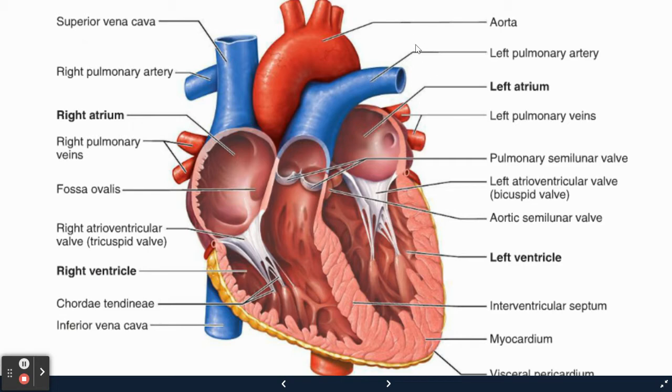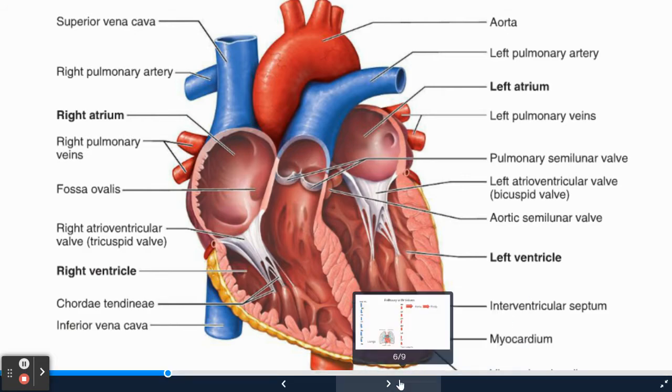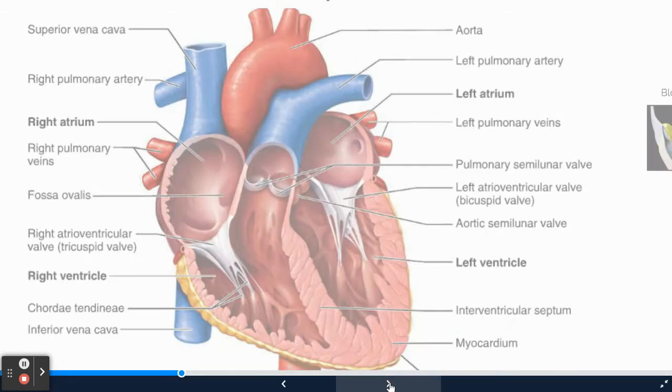Goes to your lungs, comes back to your heart, to your left atrium, through your bicuspid valve into your left thick ventricle, which then squeezes blood out through your aortic valve up through your aorta. Okay, press pause, label your heart and the valves and the strings, and then when you're ready, press play and carry on.